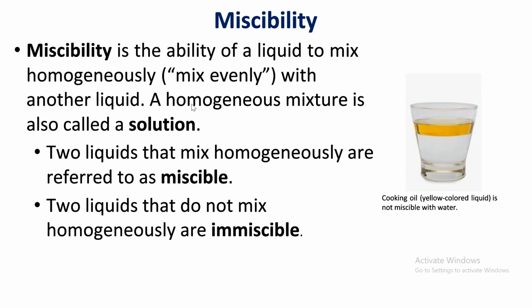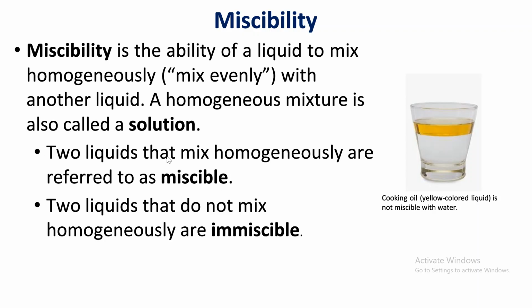If you have only one layer, an even mixing, we call it a homogeneous mixture. Another word for homogeneous mixture is a solution. If two liquids, when you mix them, form one homogeneous layer, we say these are miscible liquids.